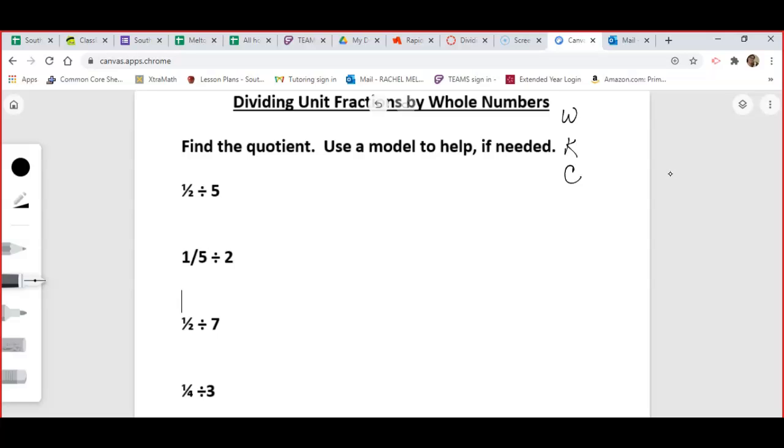Can you repeat the question? Sure. What is the last step when we're dividing fractions? To find the whole number?